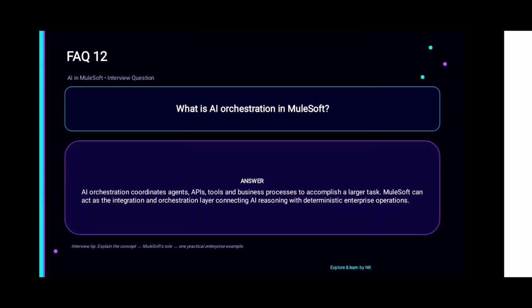So step by step, it will invoke one agent, then how will it decide which agent needs to be called, which agent needs to accomplish its task? So that's the reasoning. MuleSoft has provided this Agent Fabric. One of the core pillars is orchestration. So that's orchestration: it coordinates between agents, APIs and tools.